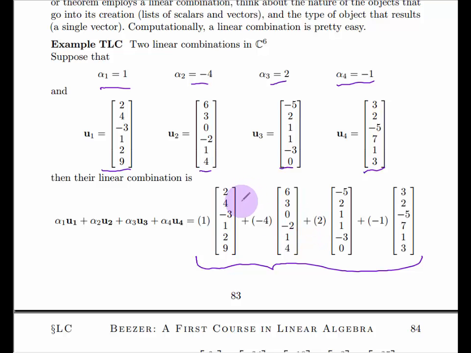Now we know how to multiply constants by vectors. We're going to multiply this one by each entry individually, etc. We're going to multiply this minus 4 by each entry individually. We're going to multiply this 2 by each entry individually. We're going to multiply this minus 1 by each entry individually. And then we're going to sum the corresponding components of all the vectors.